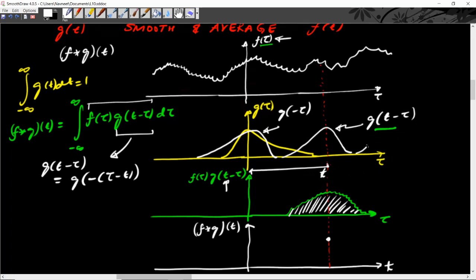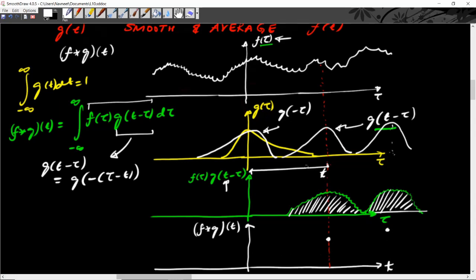So at a later time you'll have this function something like this that has been translated to a different time over here, and then we'll again have the product of f and g at a later time, which will look something like this, and then we'll again perform this integration and we'll get the area under this curve, and that would be another point over here.